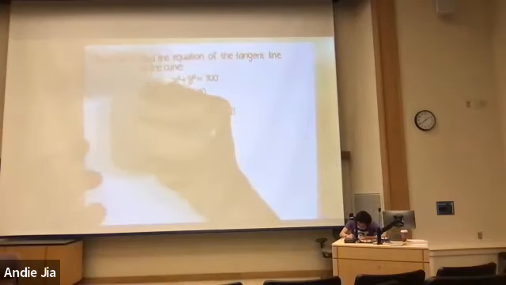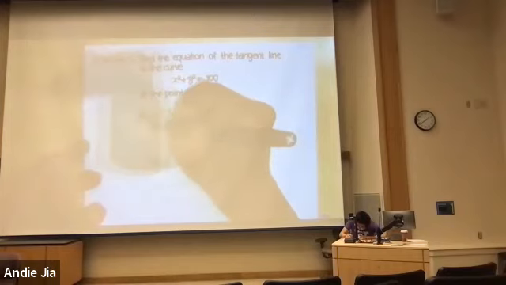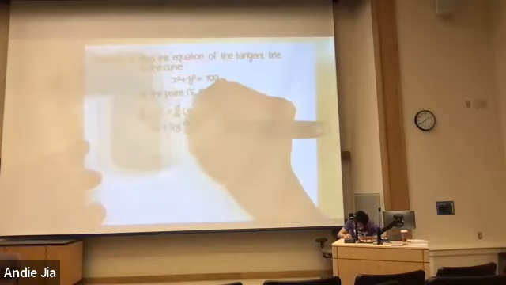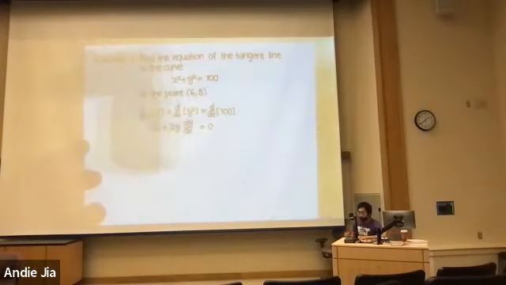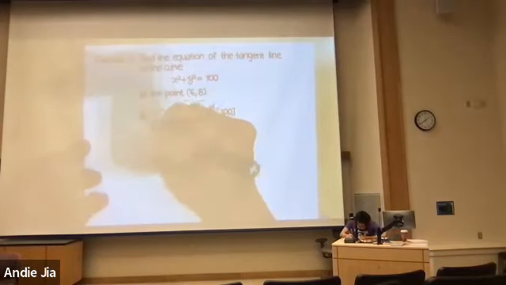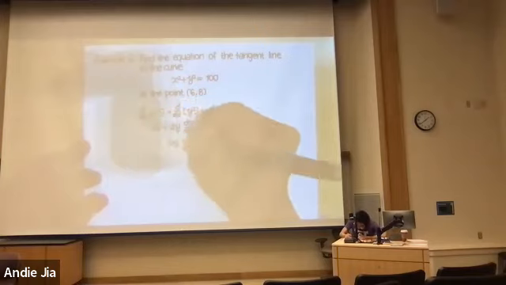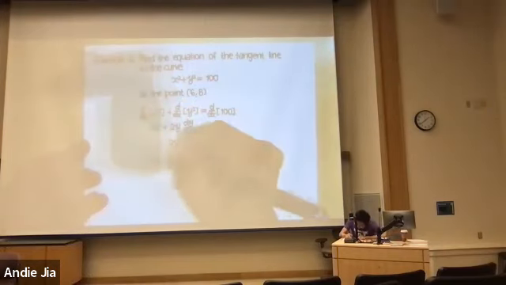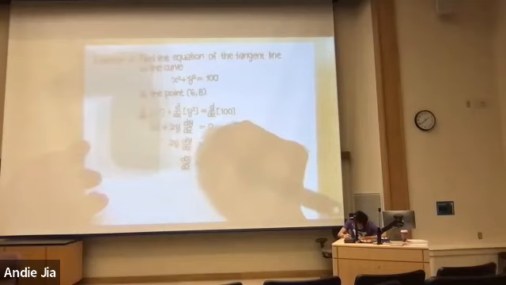That is 2x plus 2y dy dx equals 0. We move terms to the other side and do some algebra: 2y dy dx is negative 2x. Then dy dx is negative x over y.